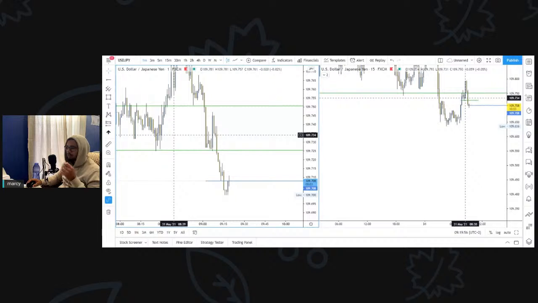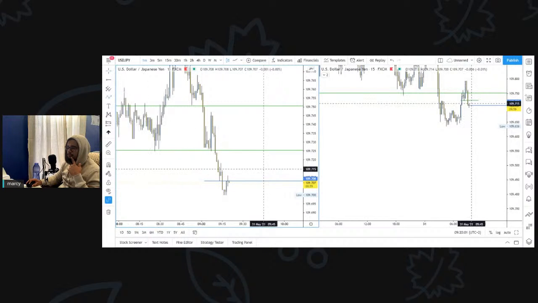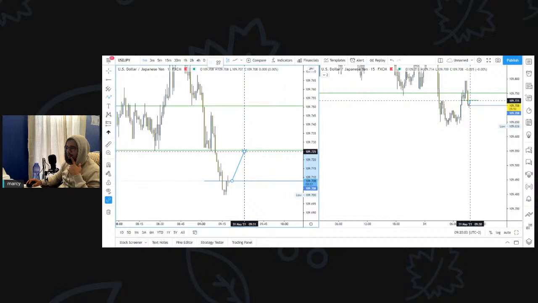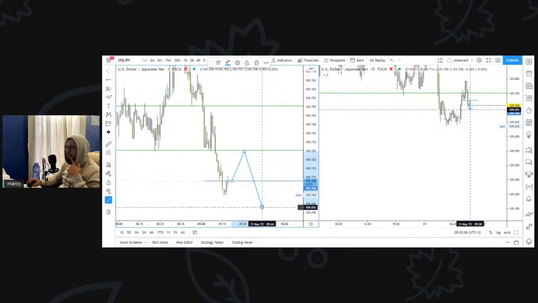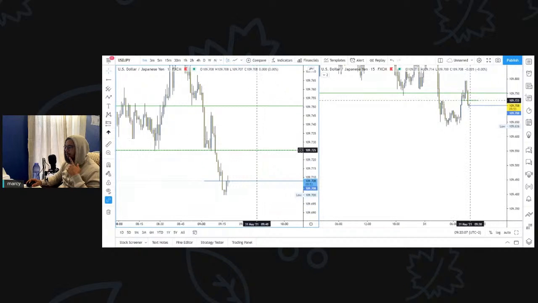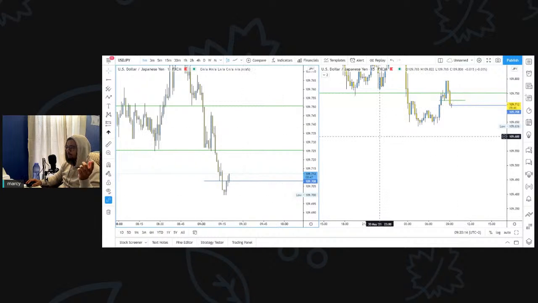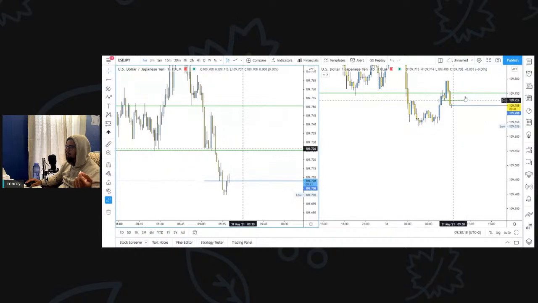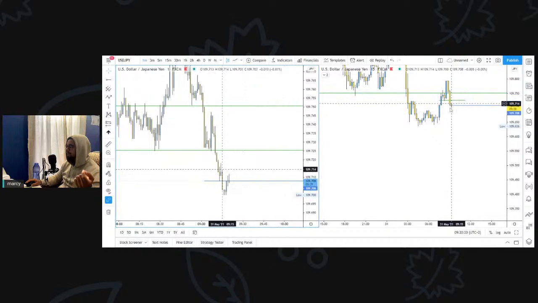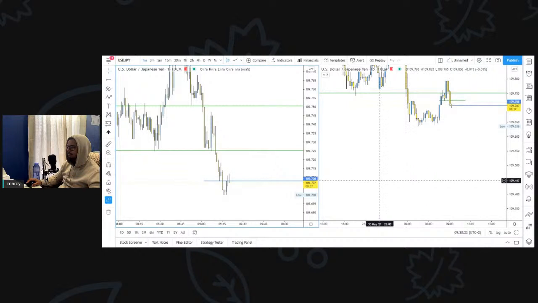What I'm looking for now is on the 1M. Let me use this tool simply to pull back into that region for retest, and then we can see price go down. So I'm looking for that wick to be created on the 15 minute, exactly the same as what is happening on the 4H. I'm looking for this wick to be created right here, and then from there for price to continue down.